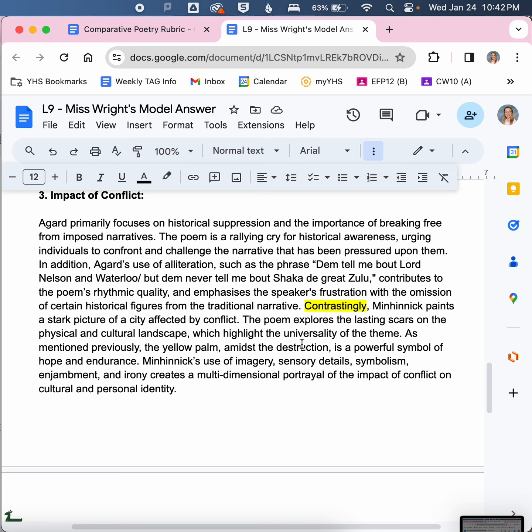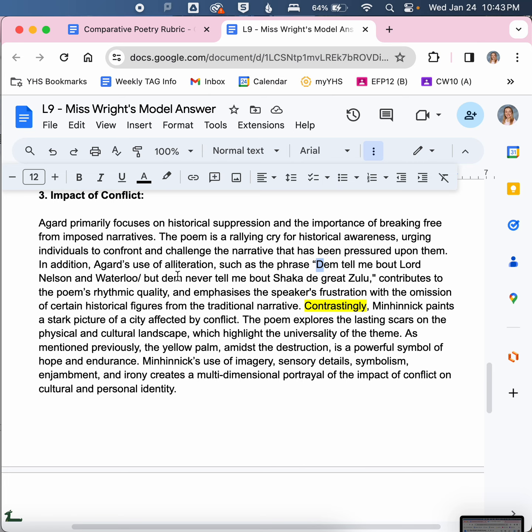So the idea that the victors write the history books, and the minority groups over the course of history that have been silenced, he wants to give a voice to, because they are part of his history, part of his identity. And it's this repetition of the D sound which really emphasizes that.